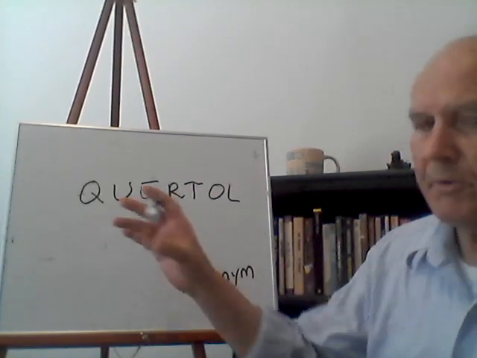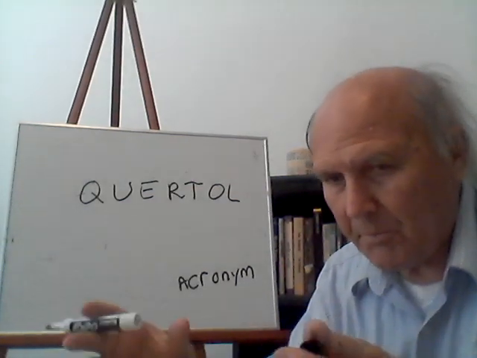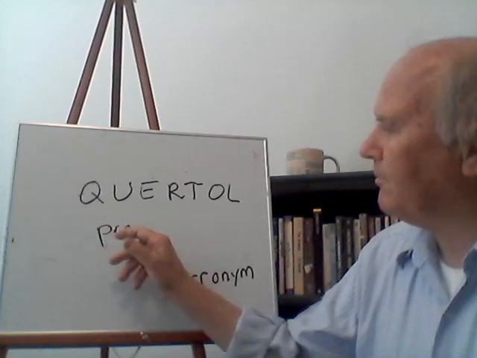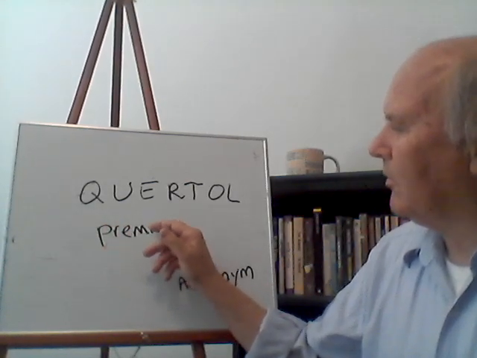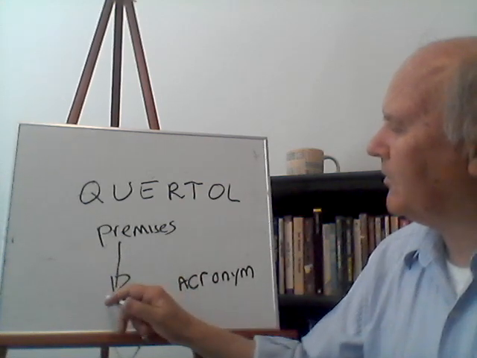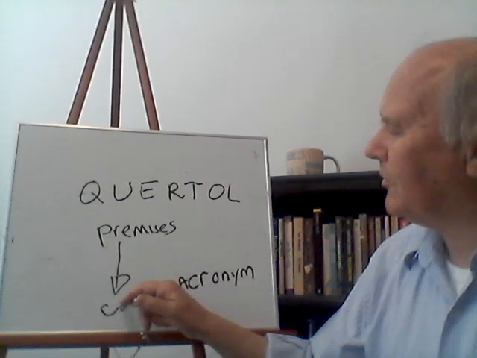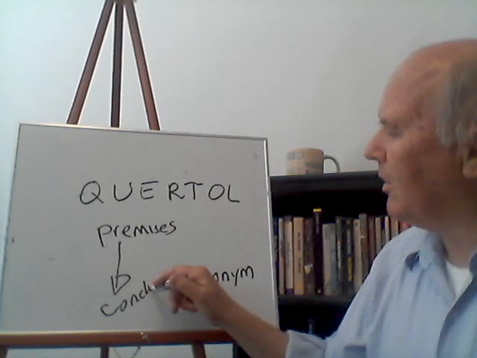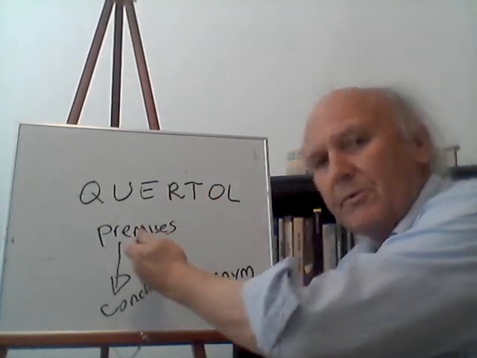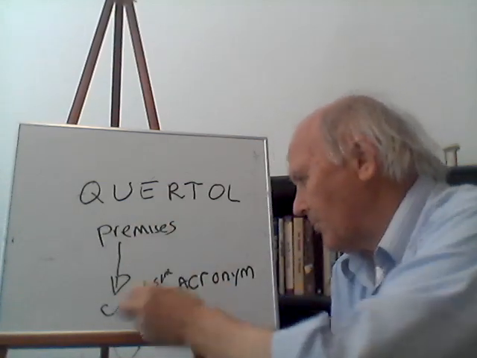An argument is composed of 2 parts, and your book talks about this: premises and a conclusion. The premises basically are reasons to believe that the conclusion is true. A good argument is an argument where the conclusion actually follows from the premises.